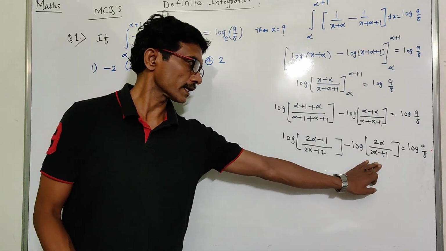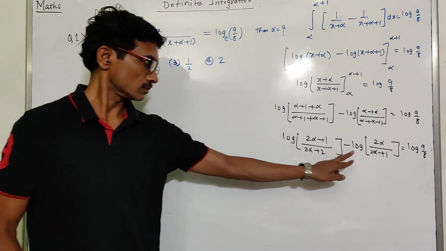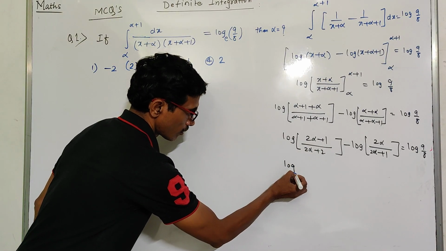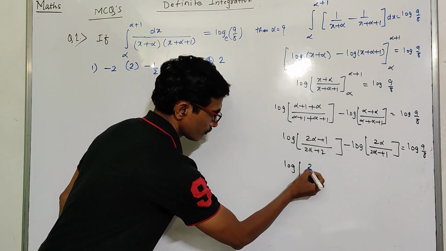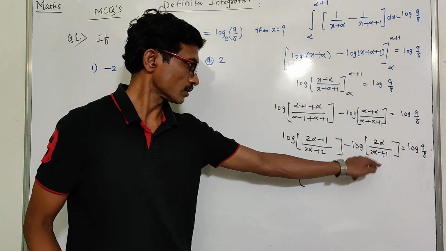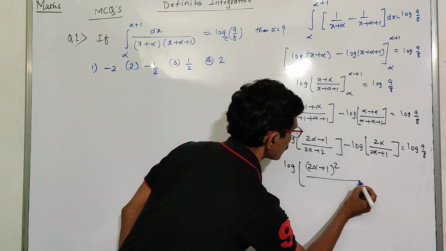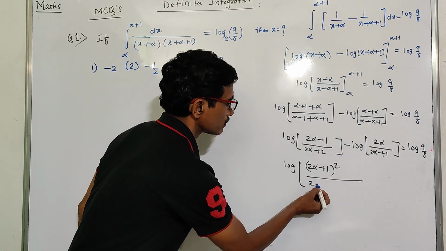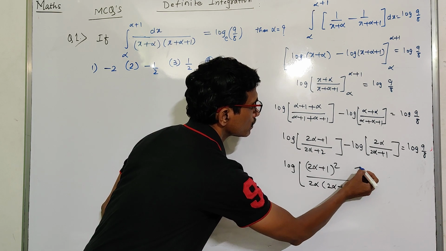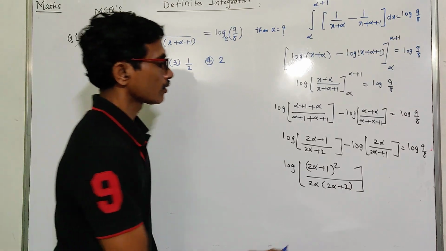Log m minus log n is log m upon n. So reciprocal of this we multiply. So that will give us log of 2 alpha plus 1 square, reciprocal of this we multiply, 2 alpha into 2 alpha plus 2, that is equal to log of 9 by 8.